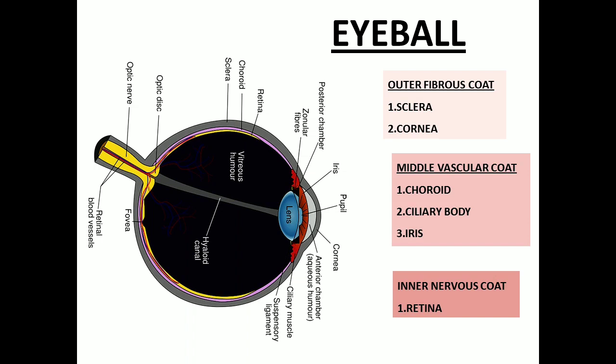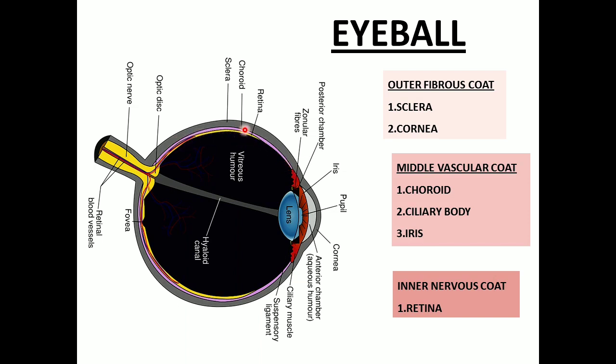The specialty of the cornea is that it is radio transparent; light rays can pass through it. At the sclerocorneal junction, the limbus, there are venous sinuses into which the aqueous humor is absorbed from the anterior chamber. That we will learn.